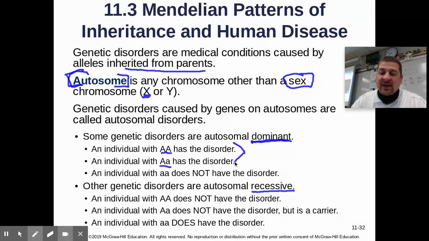They will both have the disorder. And if you're homozygous recessive, you will not show the trait. Whereas if the mutation is recessive, the homozygous dominant and heterozygous will not have the disorder, and you need to have the homozygous recessive genotype in order to have the disorder.